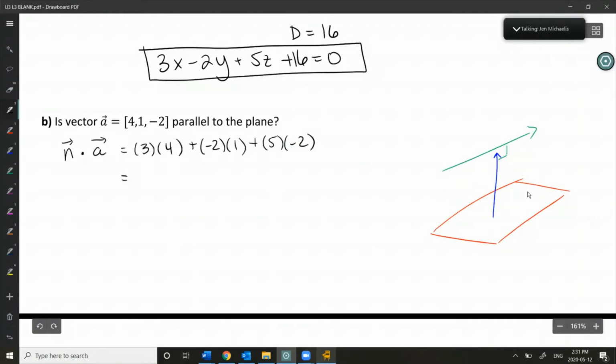So here I'm seeing that we have 12 plus negative 2 plus negative 10, and that actually gives us 0. And that tells me that the normal and my vector A are in fact perpendicular, making vector A parallel to my plane. So therefore A is in fact parallel to the plane.